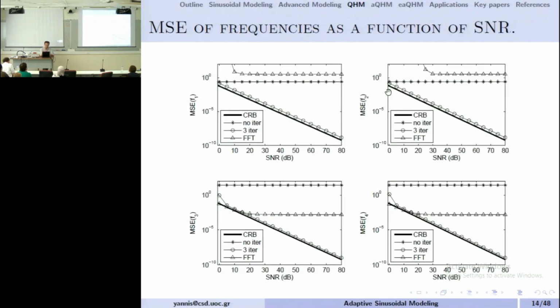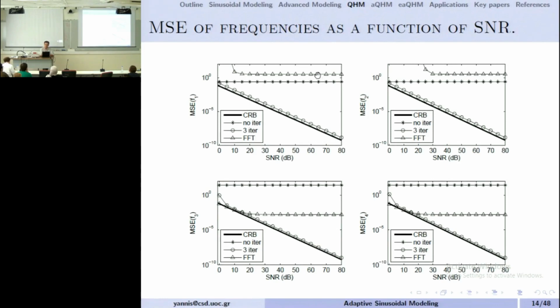So here we show the mean squared error for F1, F2, F3, and F4. You see, for instance, that the error for F1 and F2 is not that small for the fast Fourier transform; it is bigger than for the other method.